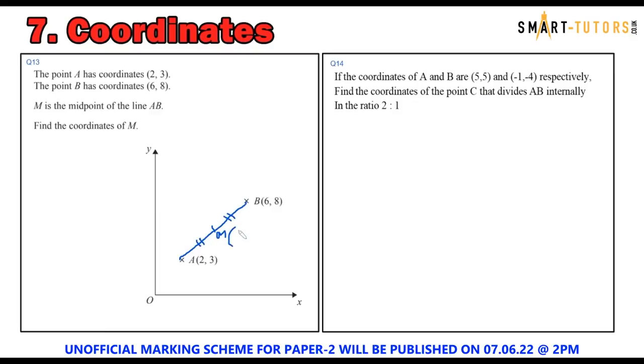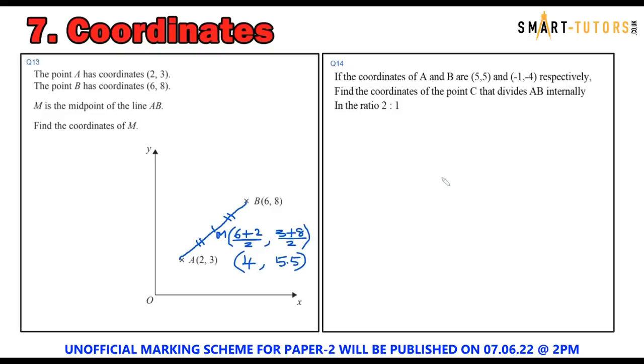So the x coordinate is 6 add 2 divided by 2, comma, the y coordinate is 3 add 8 divided by 2. So the answer is 6 add 2 is 8, divided by 2 is 4, comma, 8 add 3 is 11, 11 divided by 2 is 5.5 or 11 over 2. So 4, 5.5 is the midpoint for question number 13.